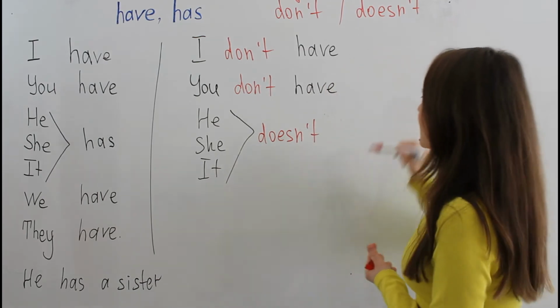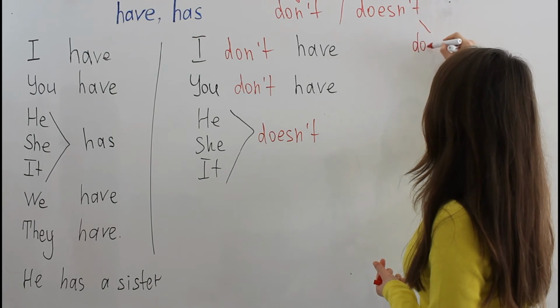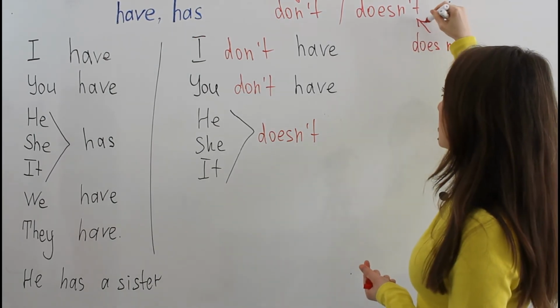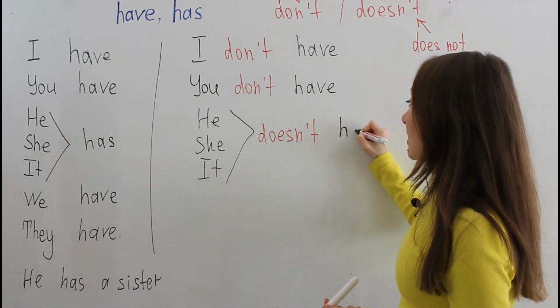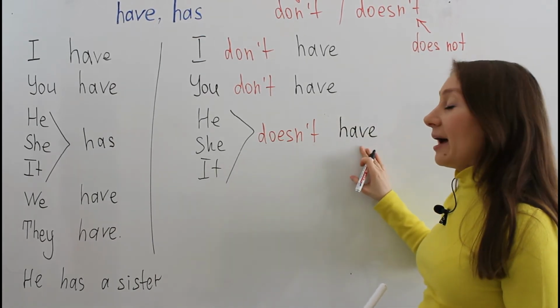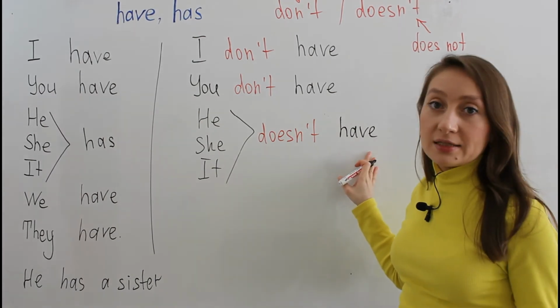So doesn't, what does it mean, doesn't? Doesn't means does not. In short, we use doesn't. So he doesn't have. She doesn't have. It doesn't have. Easy, right?